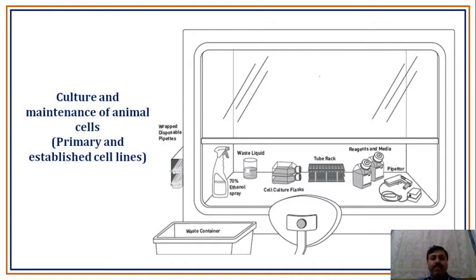This is a chair, and you have a waste container, and wrapped disposable pipettes down here. This glass is always half shut, so that you do not breathe out your air into the chamber, in order to keep your working chamber free of contaminations.